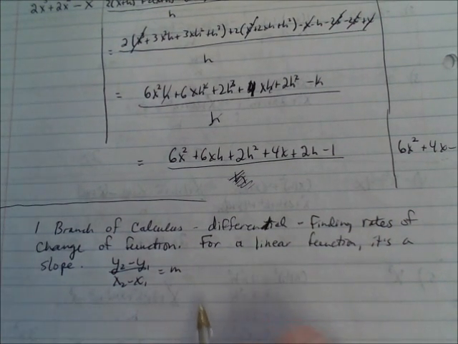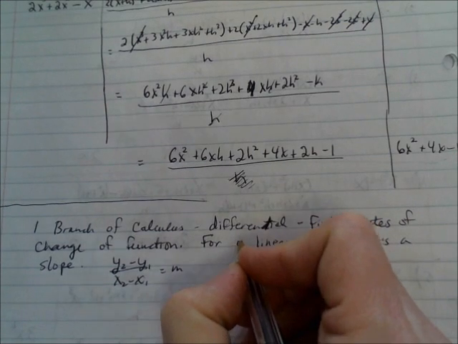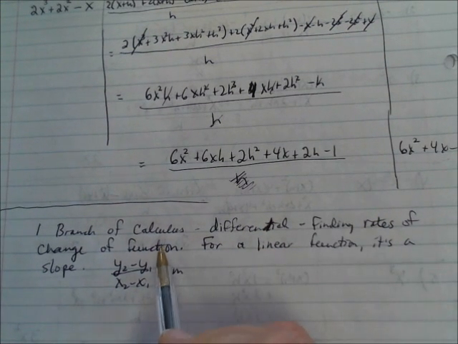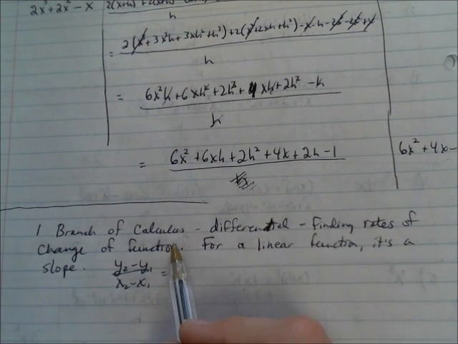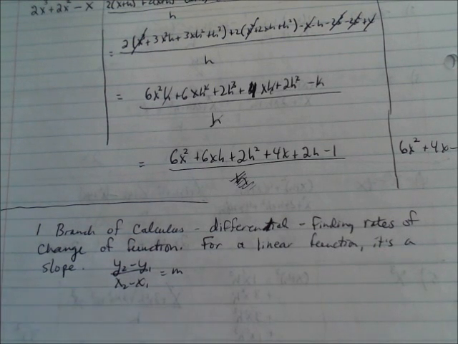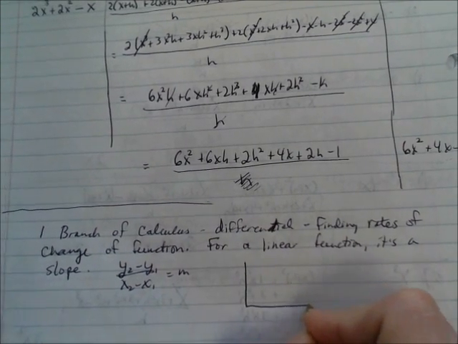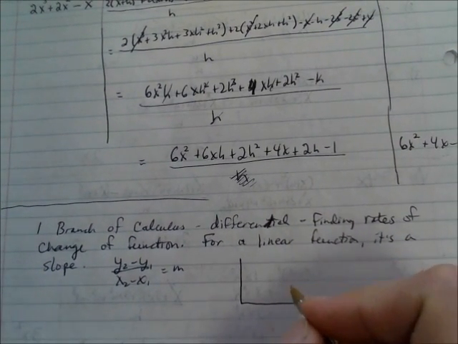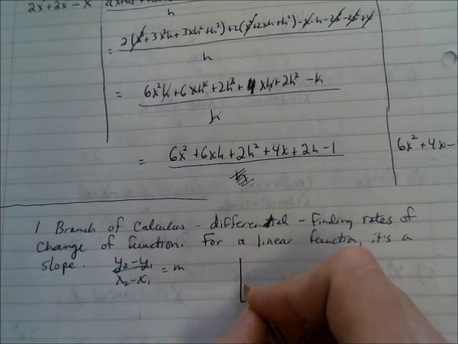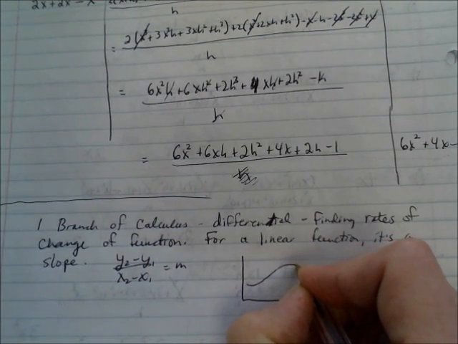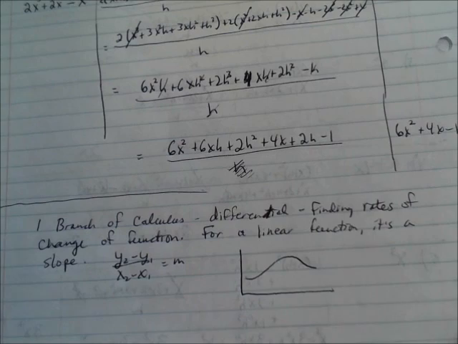That's the slope of a linear function, and you can probably remember that pretty well. Well, in calculus, we're looking at mostly nonlinear functions. Nonlinear functions also kind of have a slope, if you want to think about it in terms of how fast they change. So let's just take a look at a regular nonlinear function.